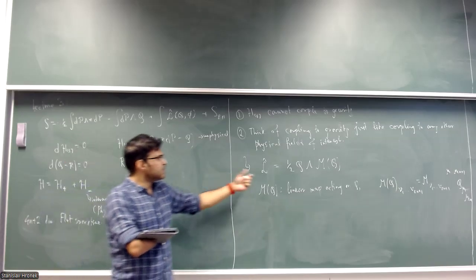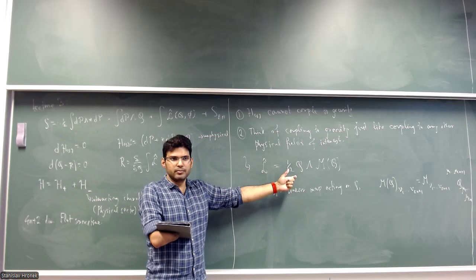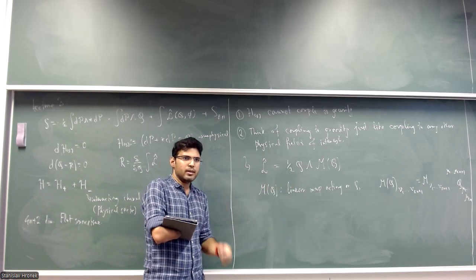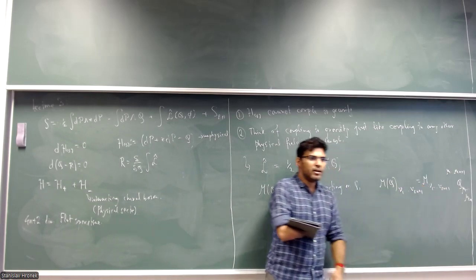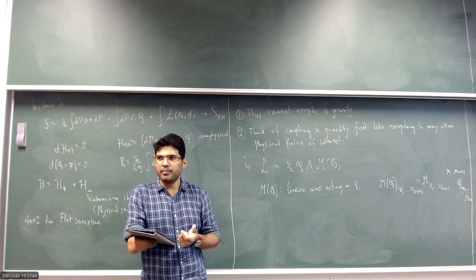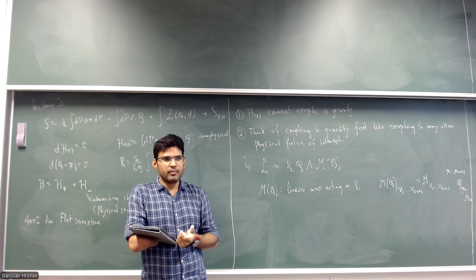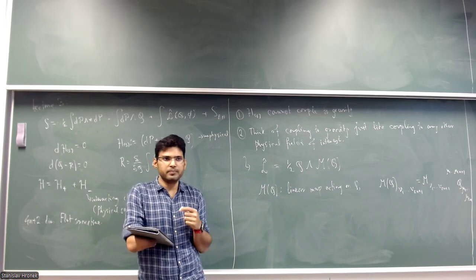So at the very least, the kind of L hat you need to turn on is something like this. Okay. And this M is what we are going to now construct, which is going to depend on the metric, the curved metric. And we are going to give an explicit construction of it.